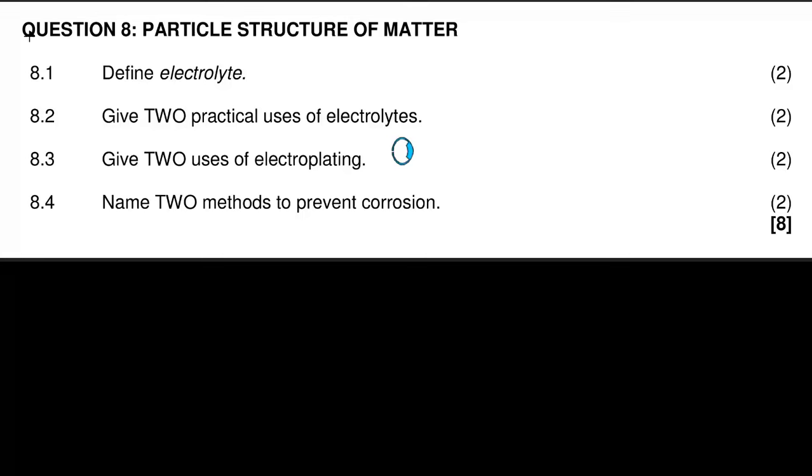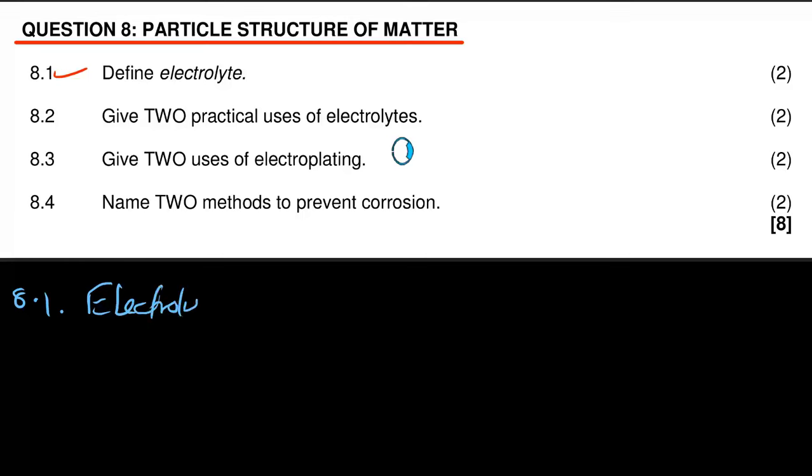It's a different paper. It's the particle structure of matter, mainly chemistry. And question number 8, 8.1, it says here, define an electrolyte. From the term you can see it's more like two words, electricity and then the lyte part from electrolyte.